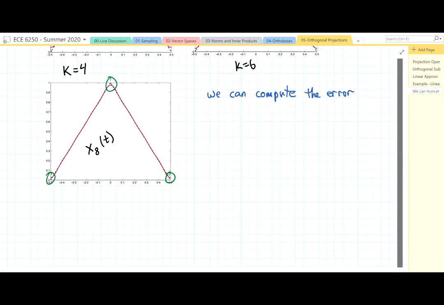And essentially, that error is going to be the sum of all the terms that we didn't include.